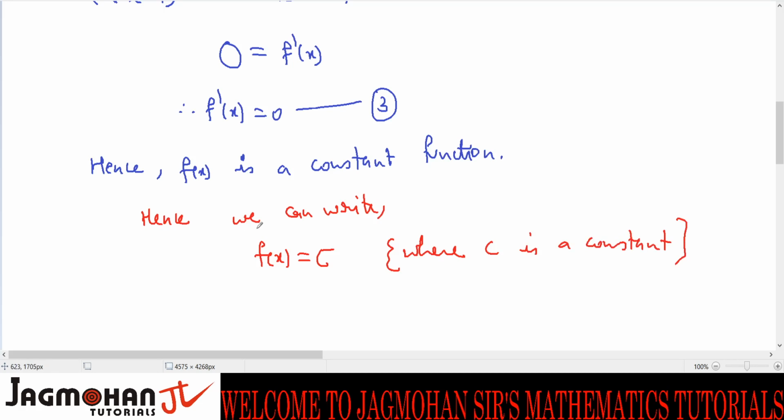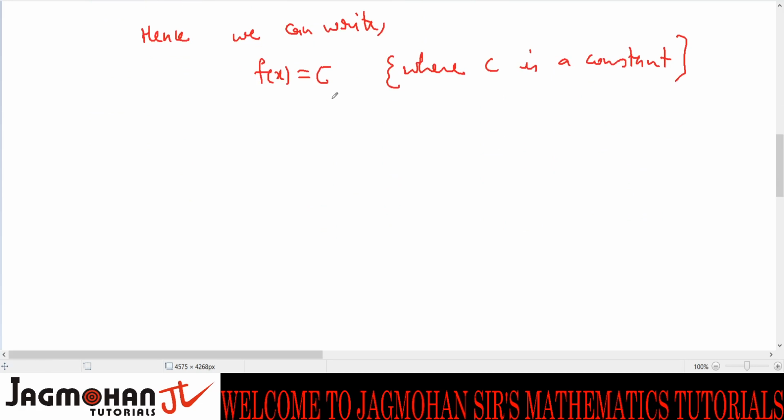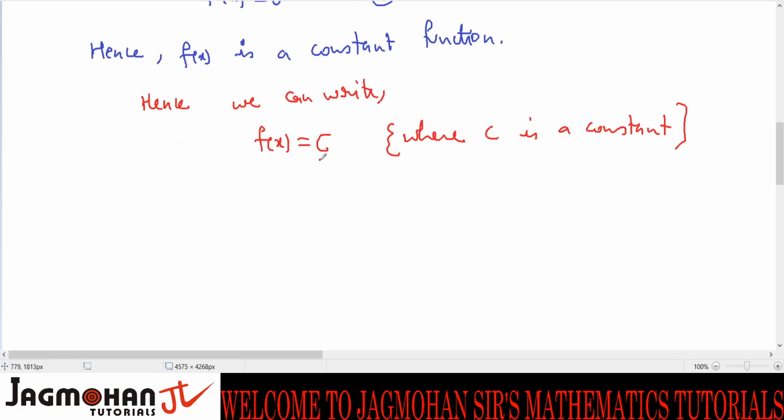Okay. So now students, see what we will do next. Now once I have got f of x as c, what was my f of x, students? This I write as equation number 4. What was my f of x?